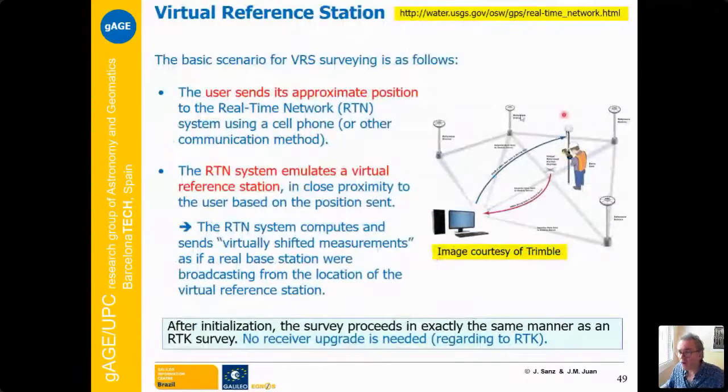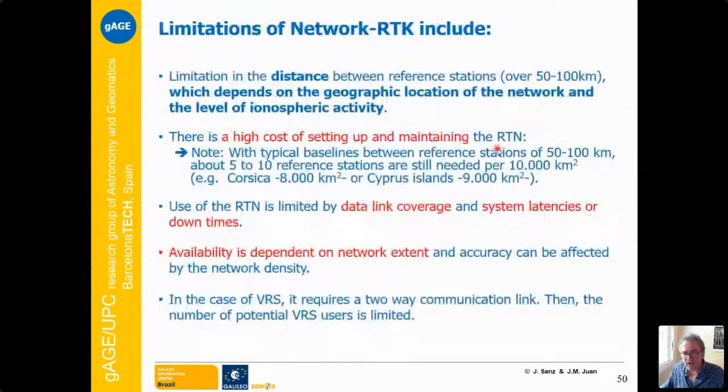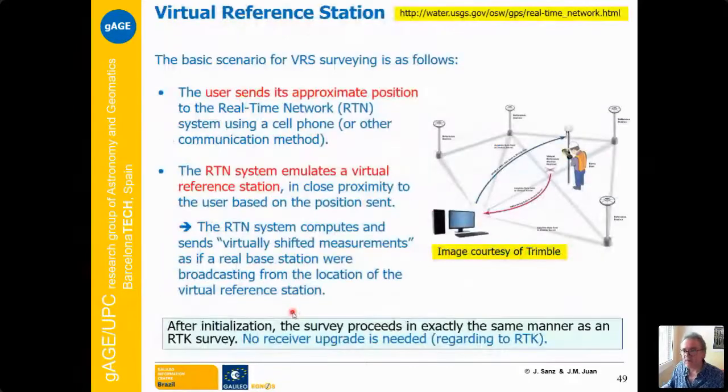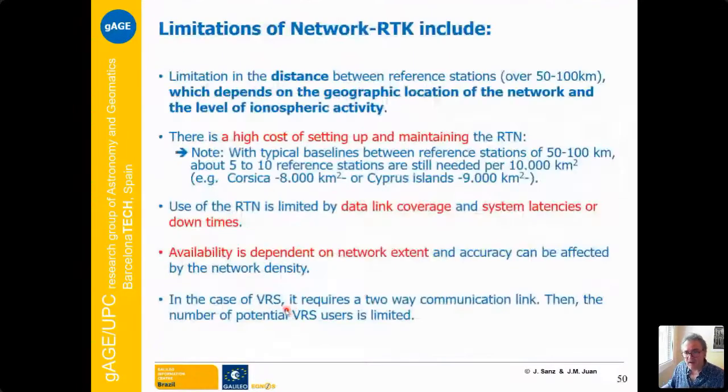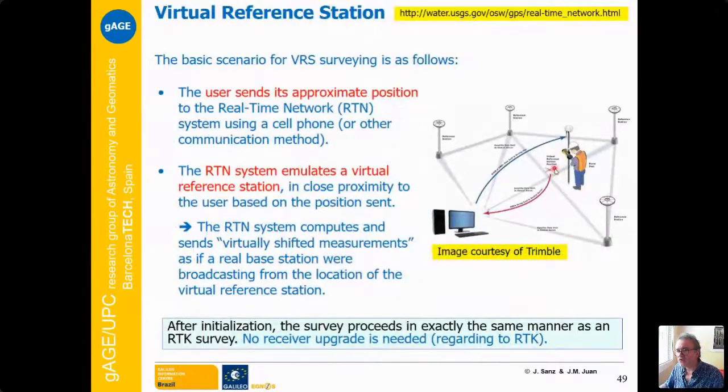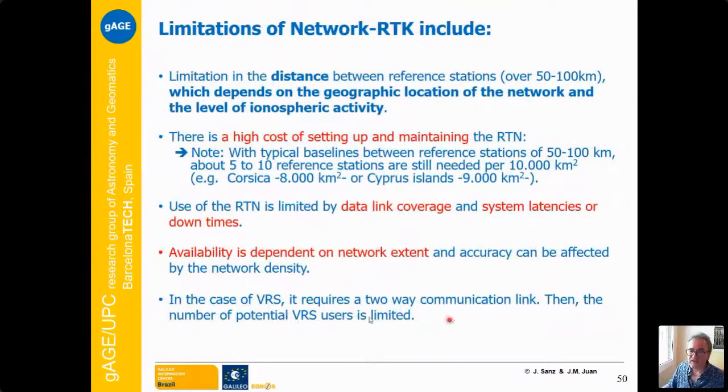We can work only in the region where the service is provided. In the case of the virtual reference station, in this particular implementation from Trimble, this is a two-way communication. Two-way because the user has to send the coordinates to the master station, and then the master station sends the corrections to the user. Two-way communication means that the number of potential users is limited.